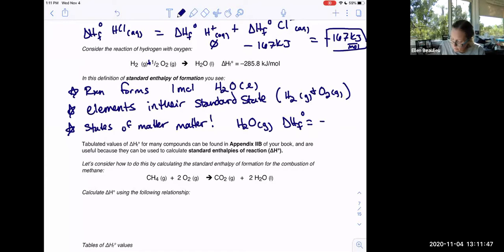It is negative 241.8 kilojoules. So different. So when you're pulling these delta HFs from the back of the book, make sure you're pulling the correct state of matter.